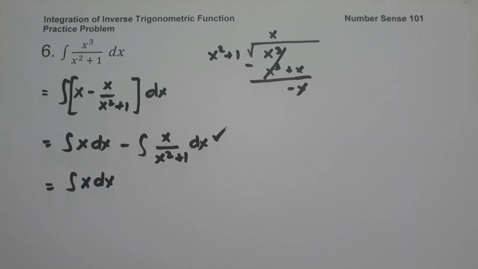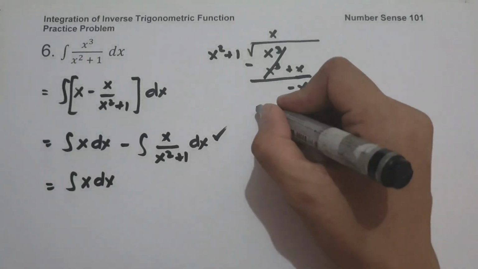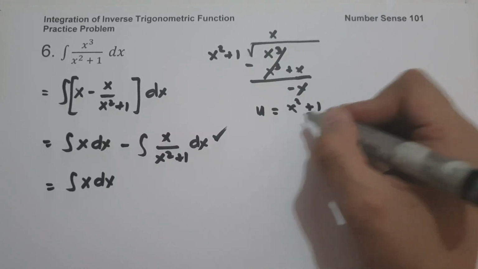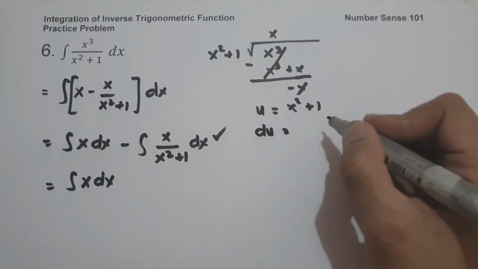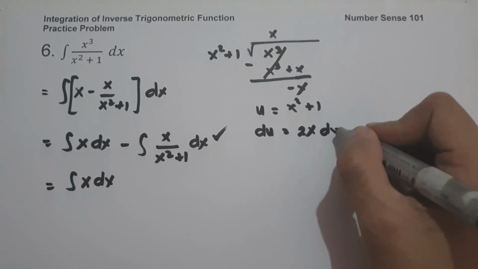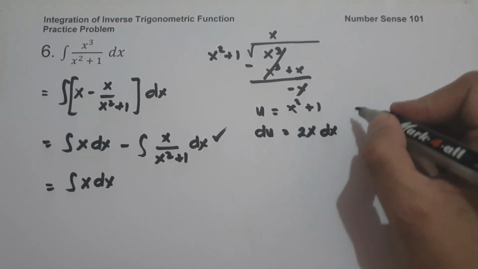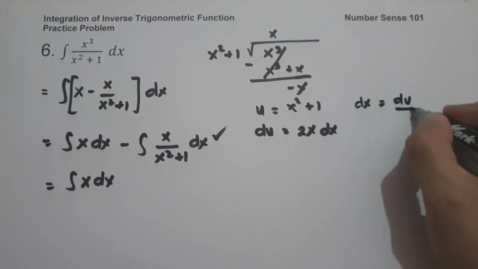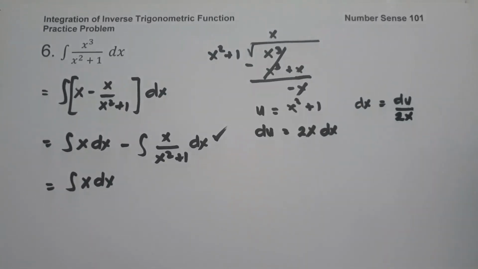In u-substitution, whenever you have a fraction, the denominator will be the value of u. So the value of u will be x squared plus 1, and du, that is the derivative of x squared plus 1, that is 2x dx. So therefore, dx, that is du over 2x.